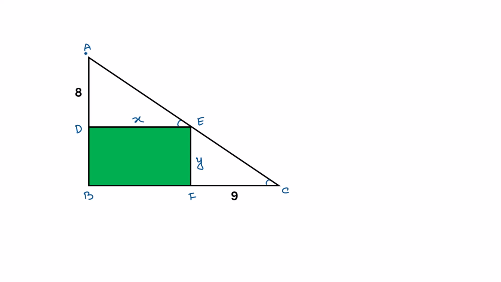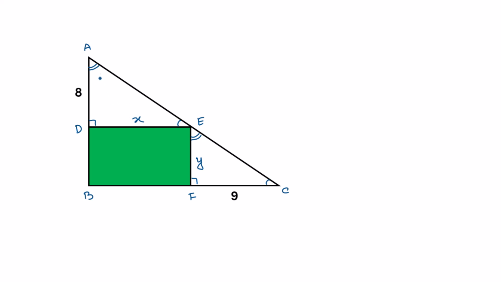That means angle AED is equal to angle ECF, and the angle D is 90 degrees and here the angle F is also 90 degrees. So the rest of these two angles, this A is equal to this E. So these two triangles are similar triangles.